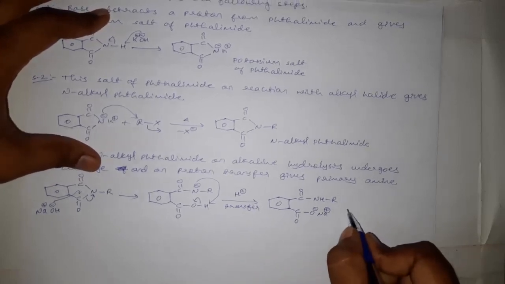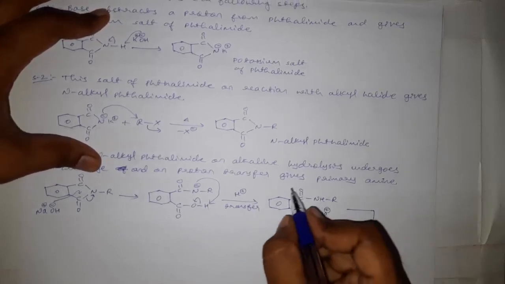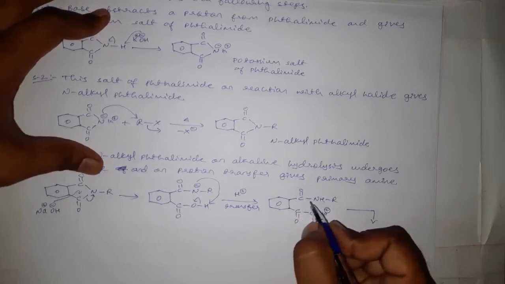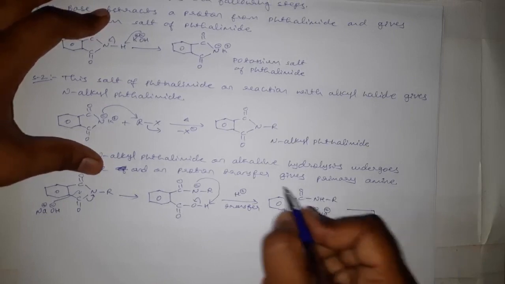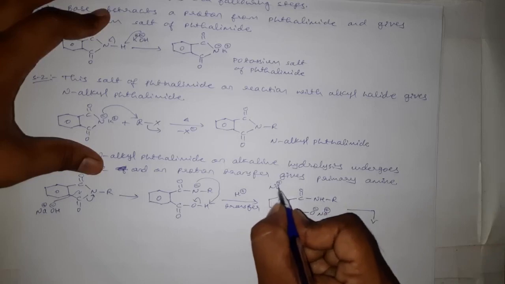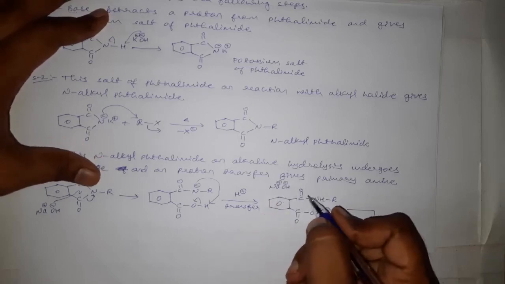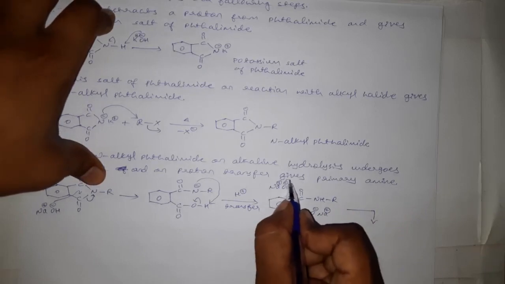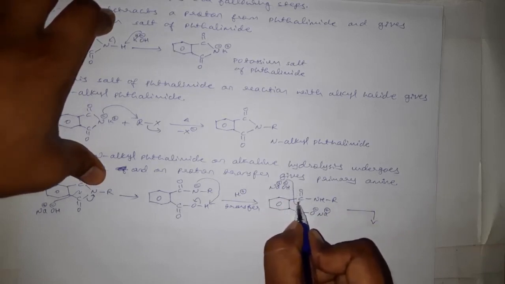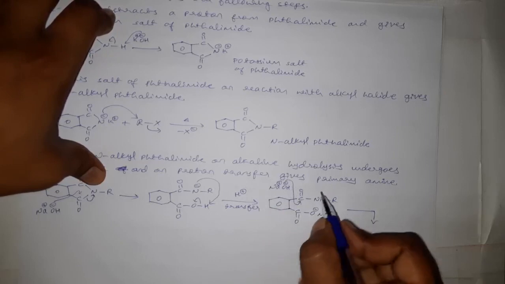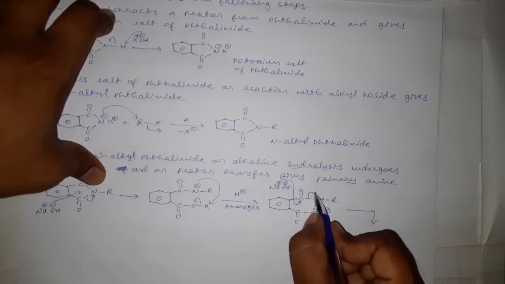Okay, and now the next step involves what? This another C double bond O is there, right? And an NH bond is there, right? Here also another molecule of sodium hydroxide will react with this one. This OH minus will now attack on this carbon, and this bond will break.